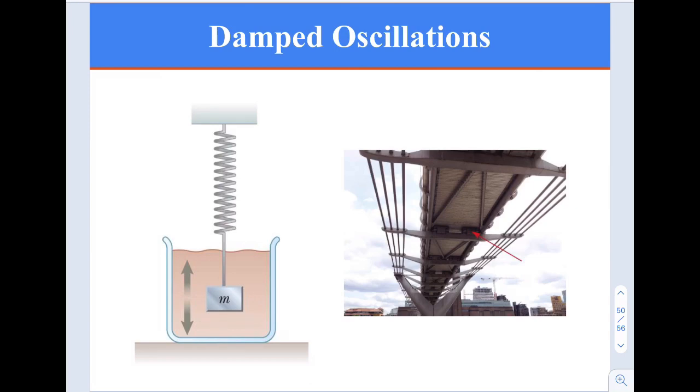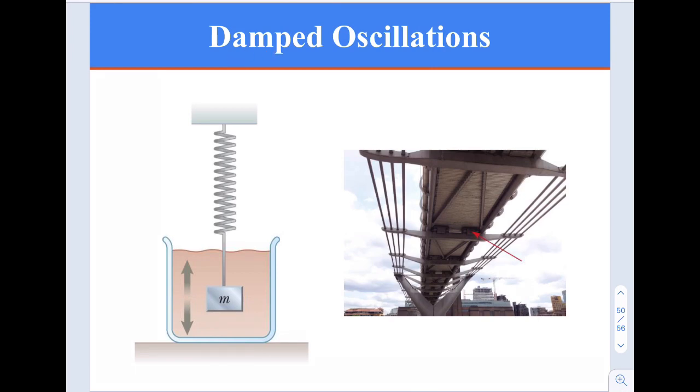We consider there is no friction at all, any kind of friction or resistance or drag, that is going to cause the oscillation to slow down and eventually stop. But in real life that is not the case. As we know, when you swing a pendulum, that pendulum is eventually going to stop, isn't it?